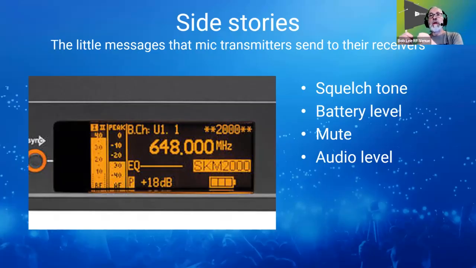Now, if you use rechargeable batteries, which is often a very valid choice to do, a lot of them have a fully charged voltage that is different from the alkaline cells. And so they might be starting off at a lower voltage, and so you might see a lower value on the battery bar graph.